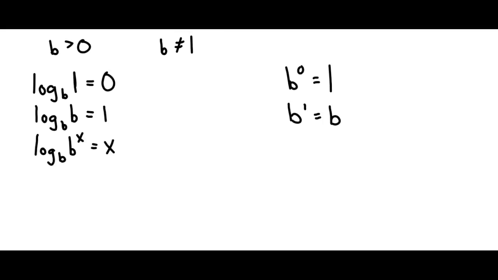And the other inverse property is if you have b to the log base b of x, that b taken to that power will also cancel out and give you x. So let's look at a couple examples where this can be used.